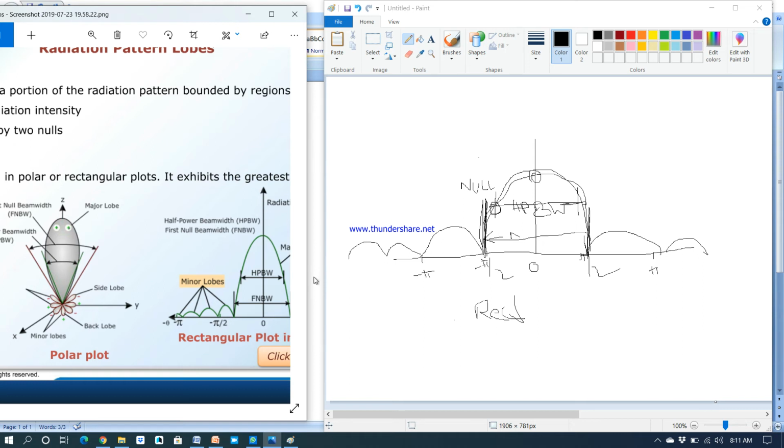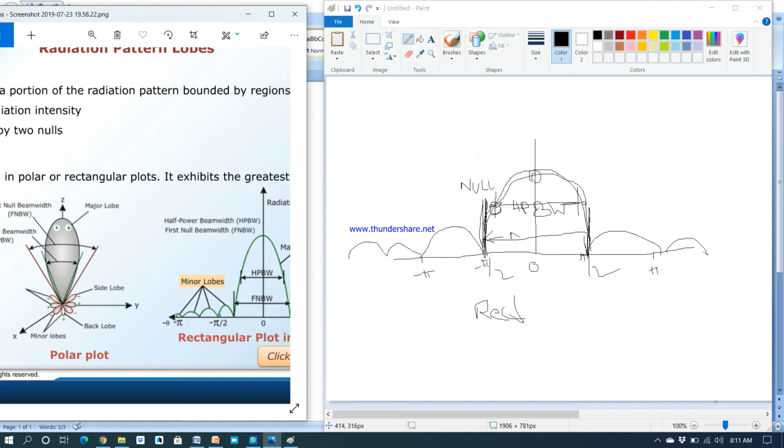Okay, antenna and wave propagation is a little bit interesting as well as a little bit difficult, not a difficult one, it's very easy. Okay, it's a general scenario, it's a polar plot, it is a rectangular plot, right?